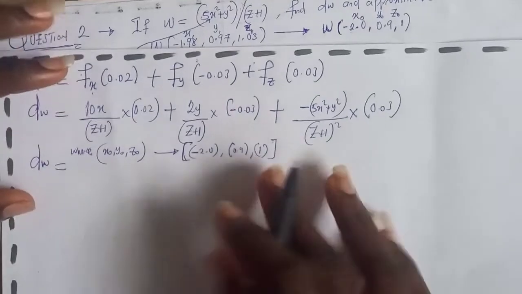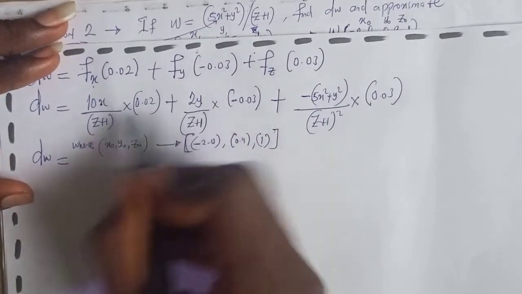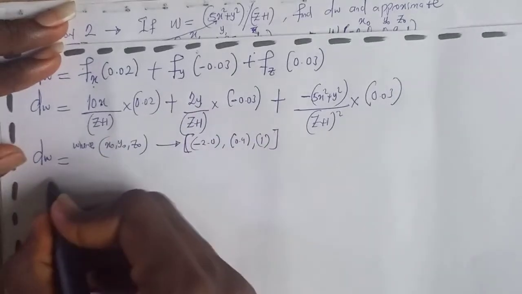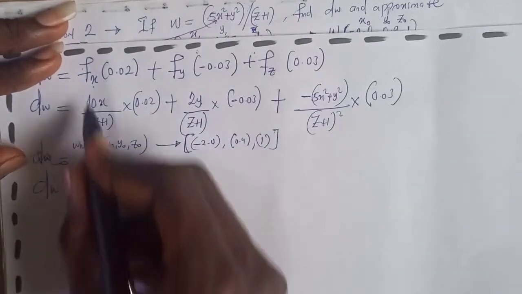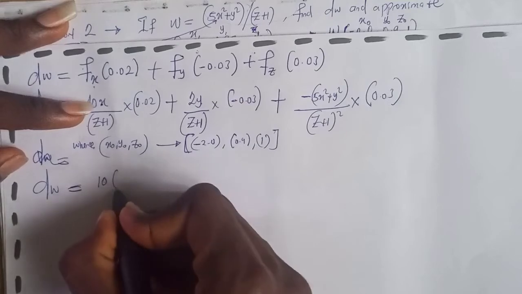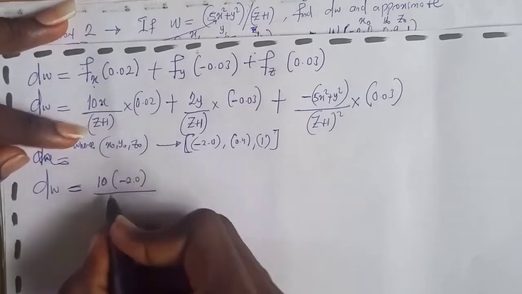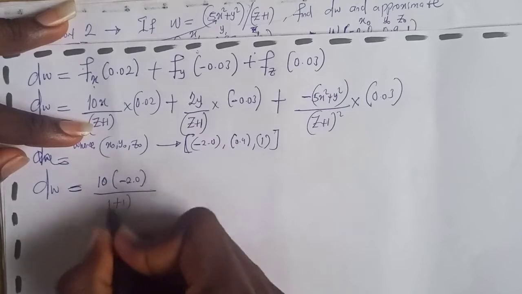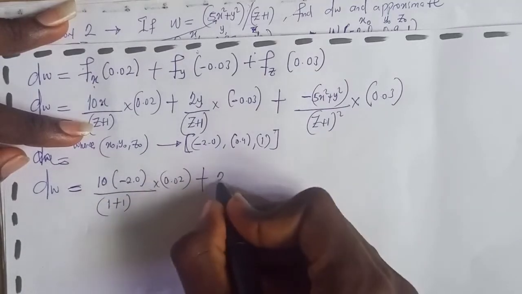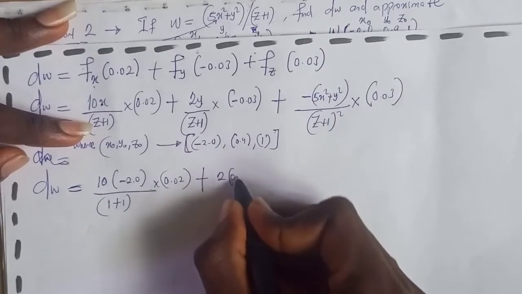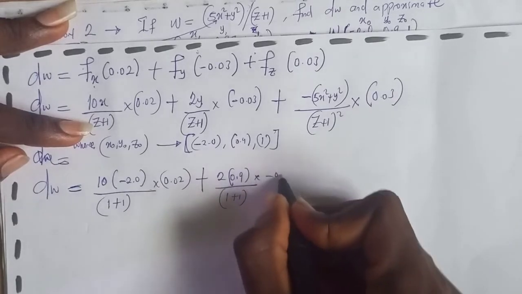So then we have dw, which is the total derivative, equal to 10 times x, which is minus 2.0, divided by z which is 1, plus 1, times 0.02, then plus 2 times y, which is 0.9 for my initial guess, divided by 1 plus 1, times minus 0.03.